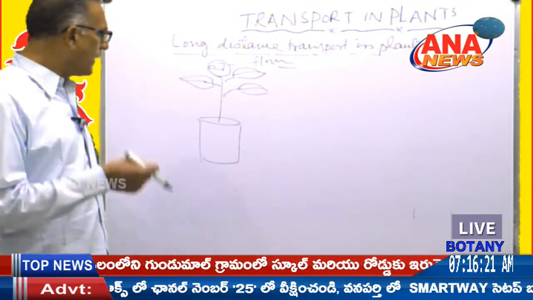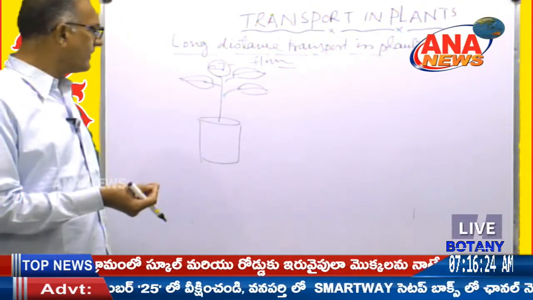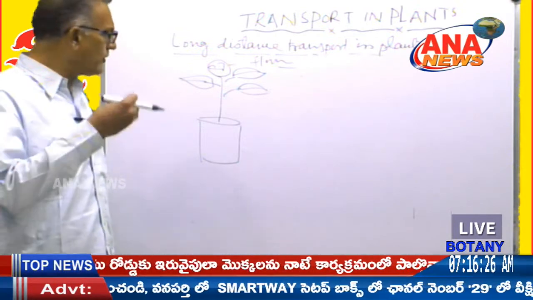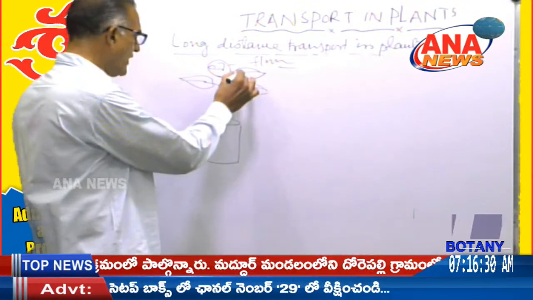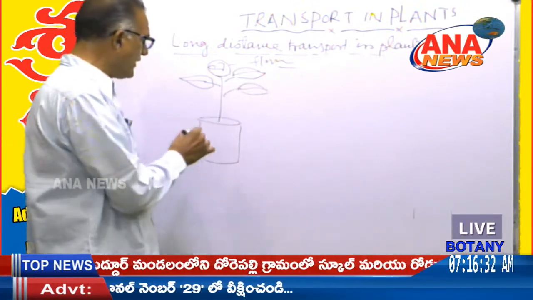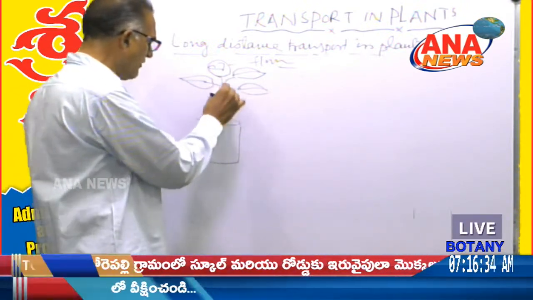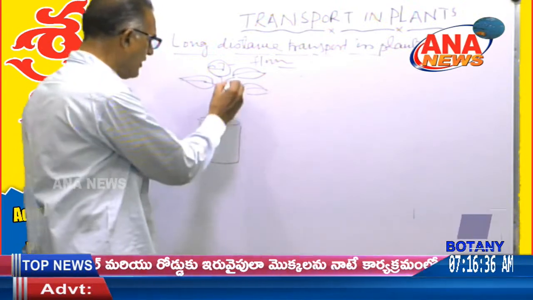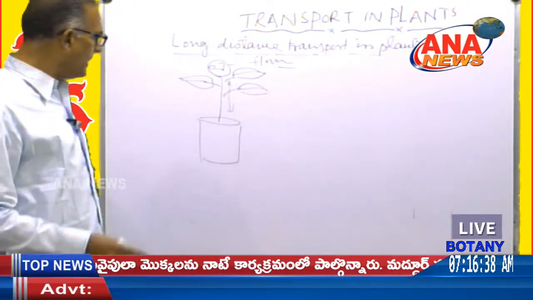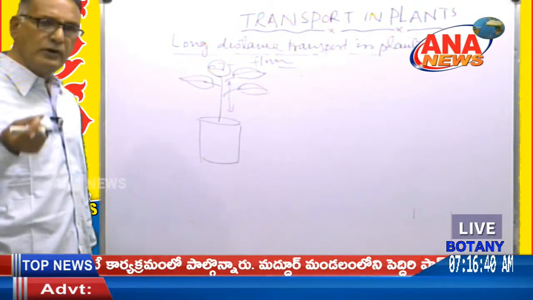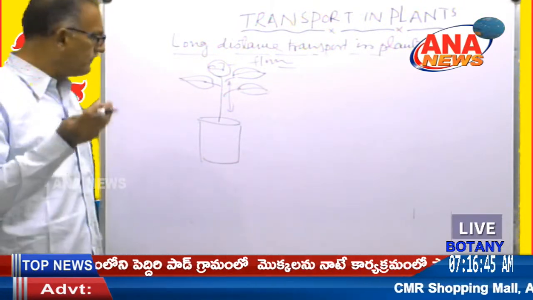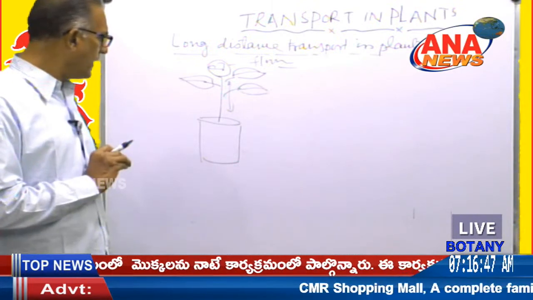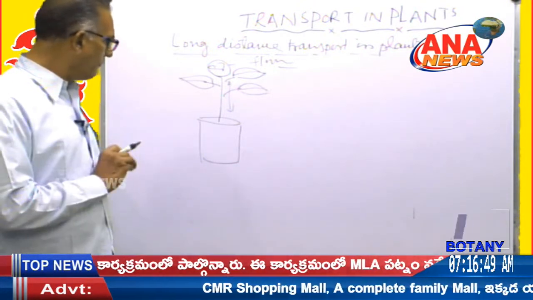In complex organisms, the substances are to be transported long distances, as the production site and absorption or storage sites are far from each other. So there is a need of a special transport system to transport the substances as bulk at a much higher rate, about 15 meters per hour.